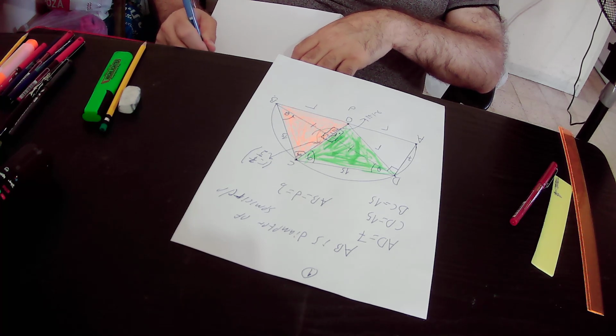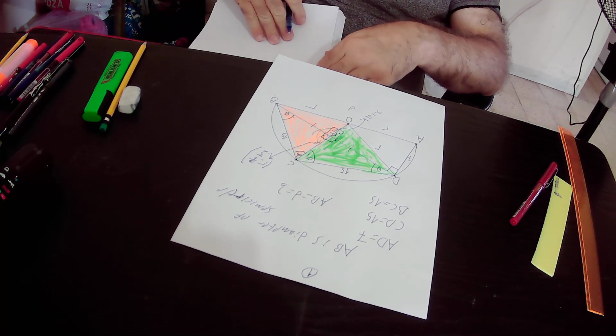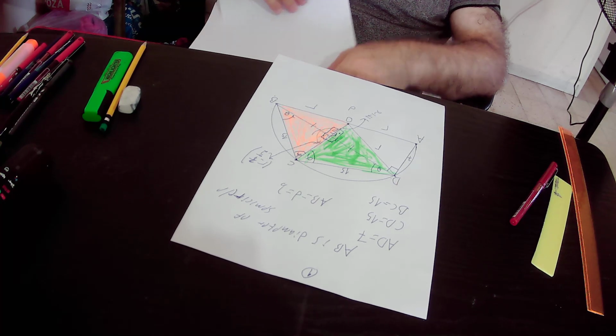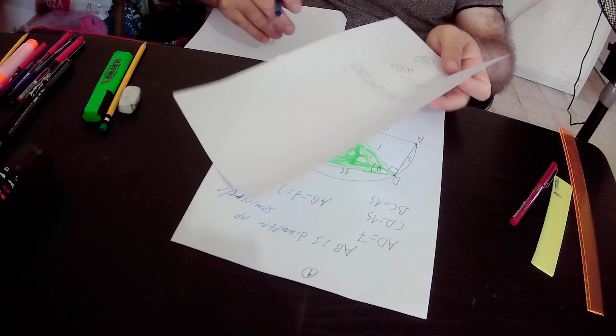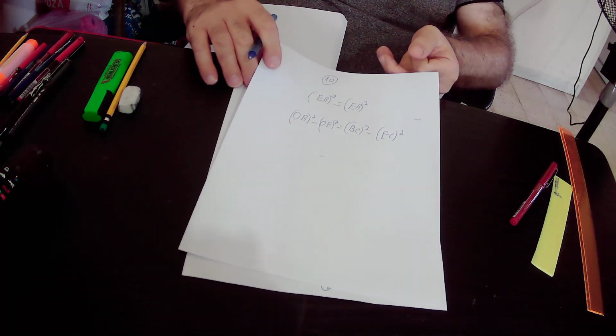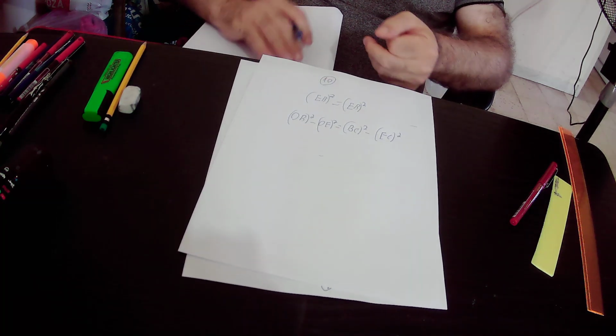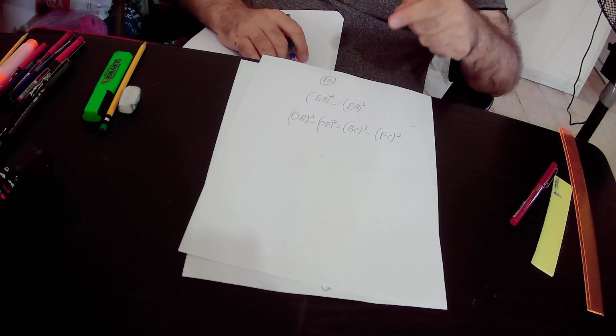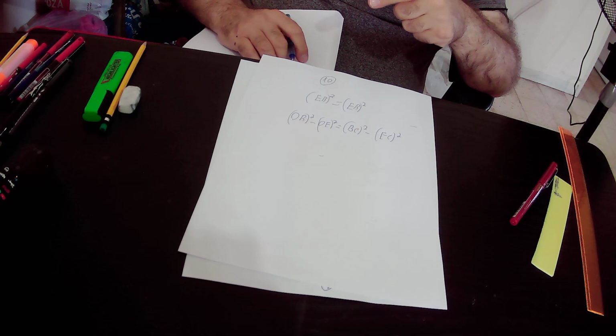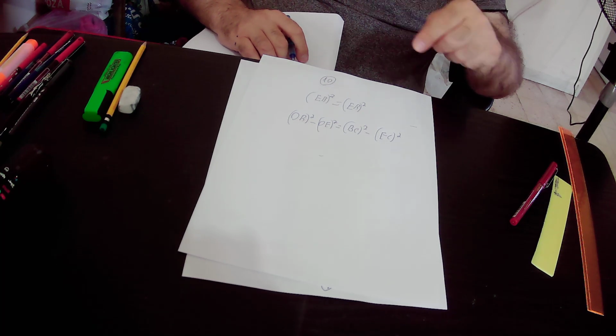Okay, so in total we got the equality that states that EB square equals EB square, that is to say OB square minus OE square equals BC square minus EC square.